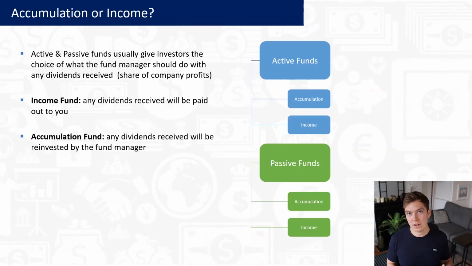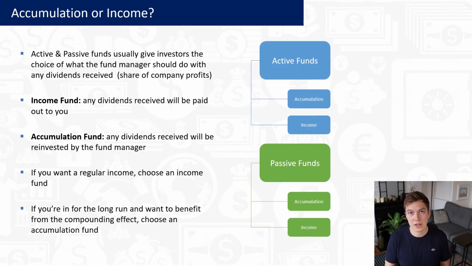So now that we've covered what an active and a passive fund is, it's also important that we run through another subcategory of fund, which is an accumulation fund or an income fund. So an accumulation fund is quite simply one that reinvests any dividends that it receives into more companies, whereas an income fund will collect any dividends that it receives and pay those out to the investors, i.e. you or I. Now, there's different benefits of each one.